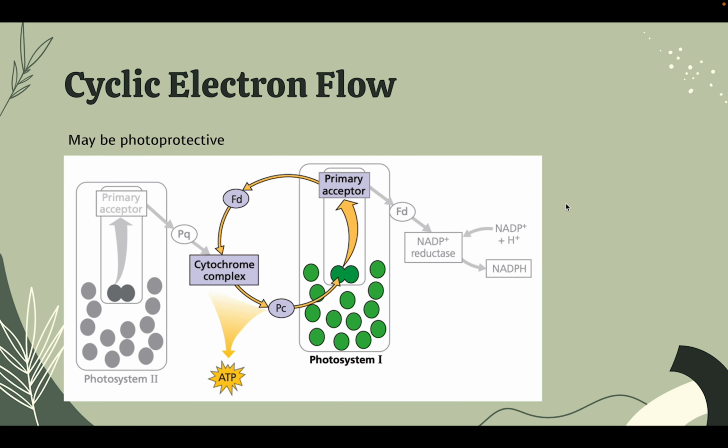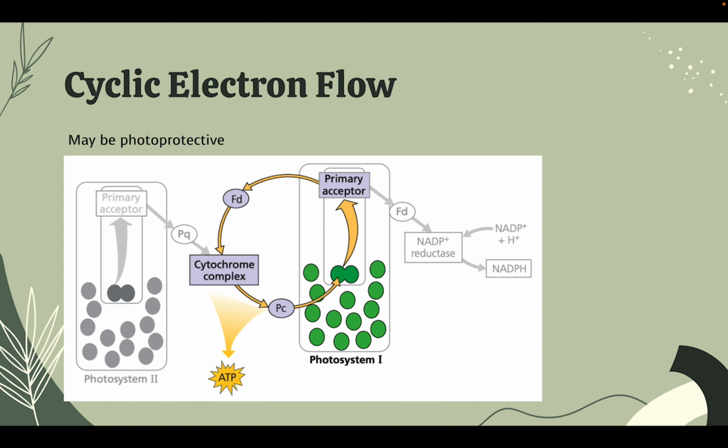And then cyclic electron flow is an alternate method of electron flow. It's present in a lot of organisms, and a lot of people theorize it might be just kind of an evolutionary leftover, but it also might have photoprotective effects.